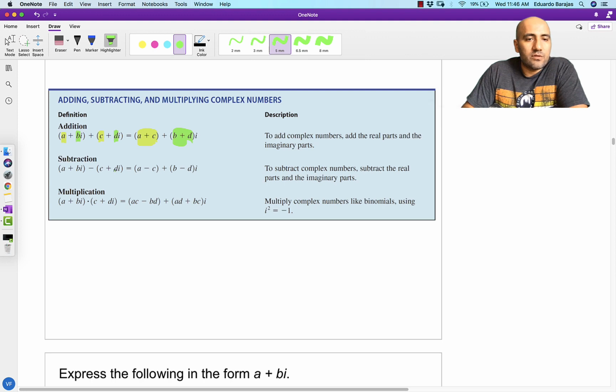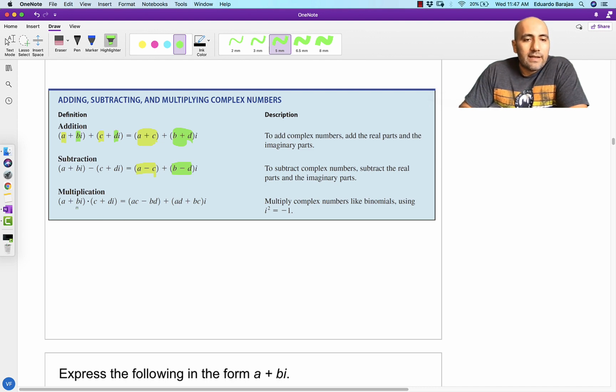Similar with subtraction, we just have to keep track of that subtraction symbol. So it's distribute, distribute, combine again the real parts. We'll end up with a minus c. Once you give me the values of a, b, c, and d, I can calculate what this is, and that'll be the real part of my complex number. And then I distribute this guy, combine like terms, factor out that i, and we'll get that this and this give me the imaginary part of my complex answer.